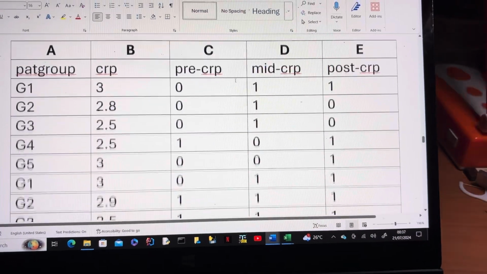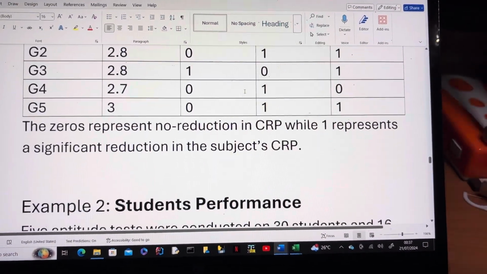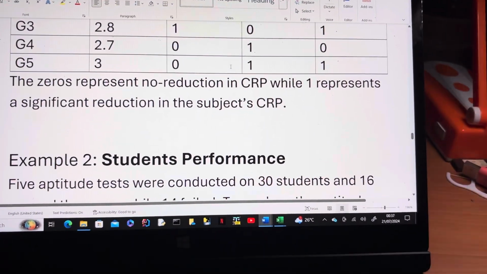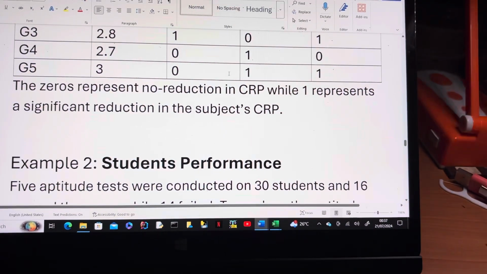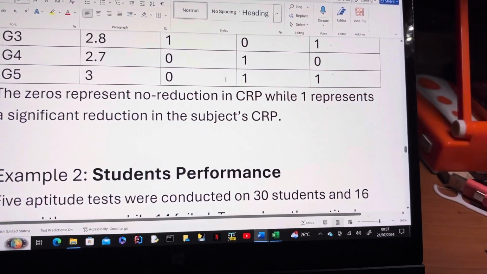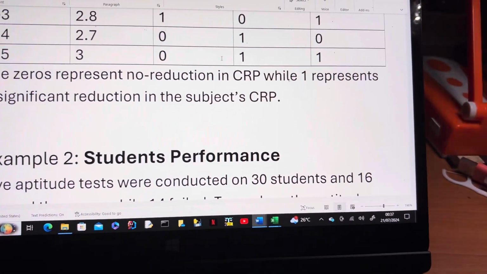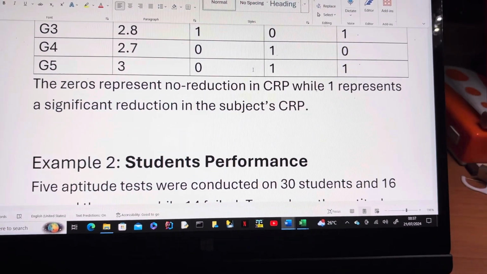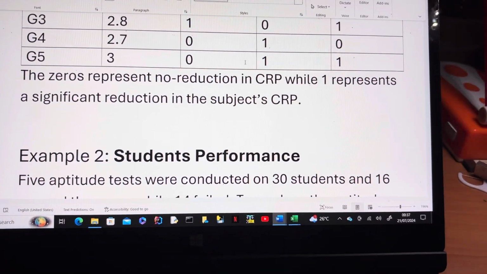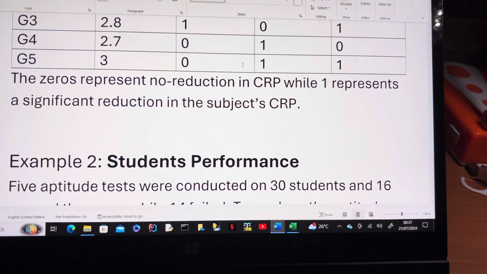So that is on that. The zeros represent no reduction in CRP, while 1 represents a significant reduction in the subject's CRP.